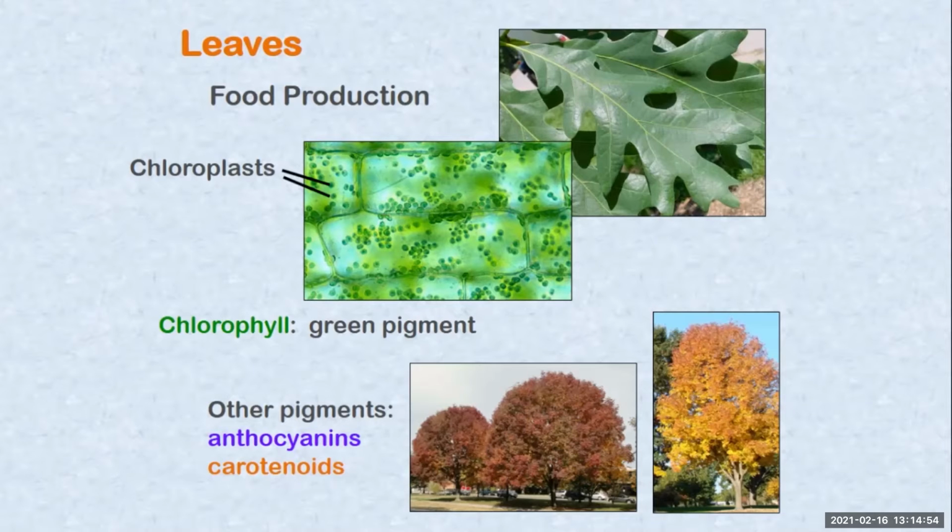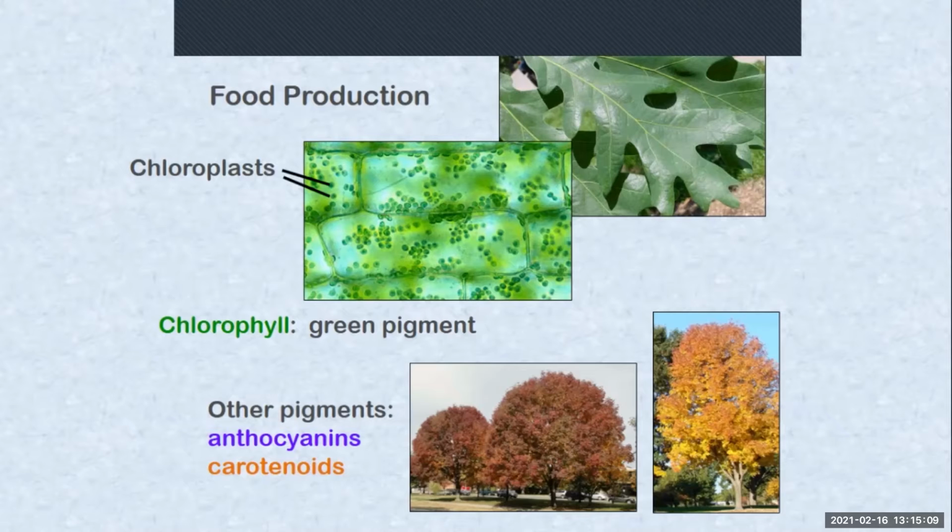Carotenoids are your orange and yellow pigments, and they also work in capturing light. They can capture that energy from light and transfer it over to chlorophyll. These are the colors that you often see appearing in the fall after the chlorophyll starts to break down.